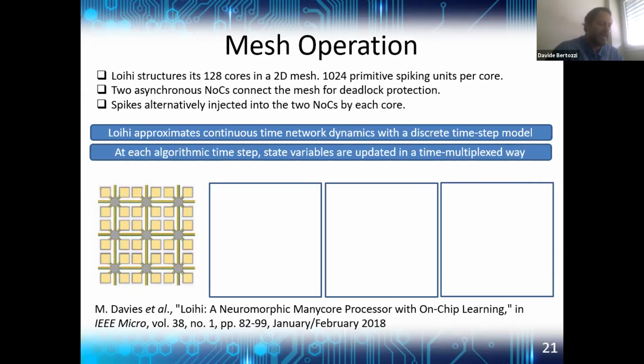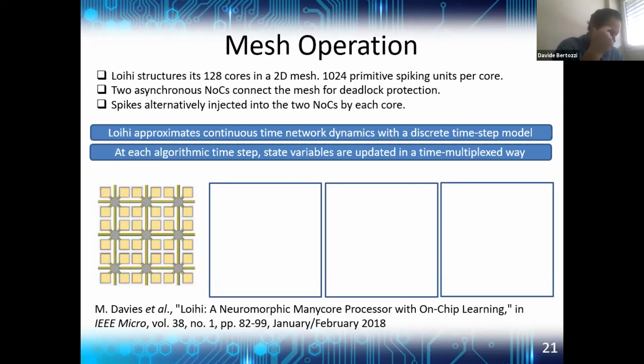At each algorithmic time step, the state variables of the spiking units are updated in a time multiplexed pipelining manner. So in a neural core, you have a number of neurons that are executed, but their state is updated, and the state of the synaptic links is updated, in a time division multiplexed, pipelined fashion.